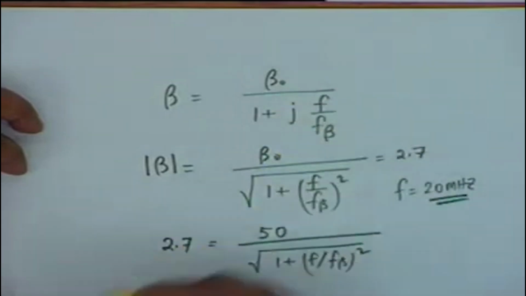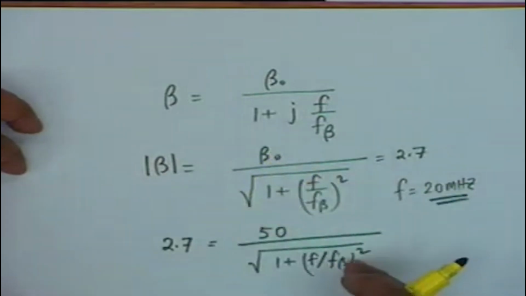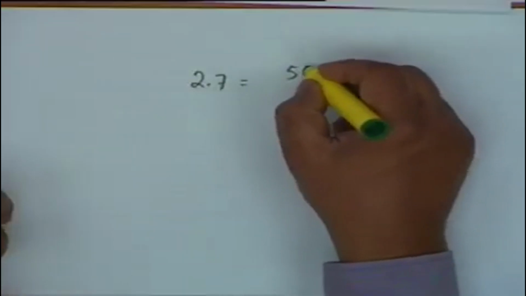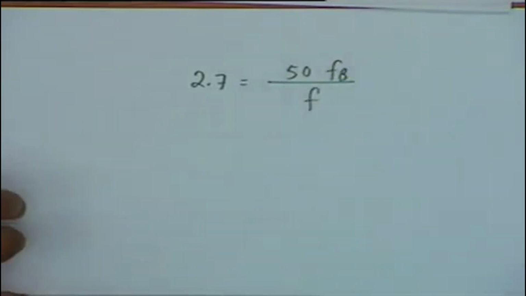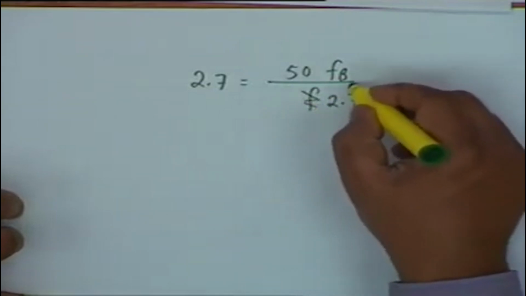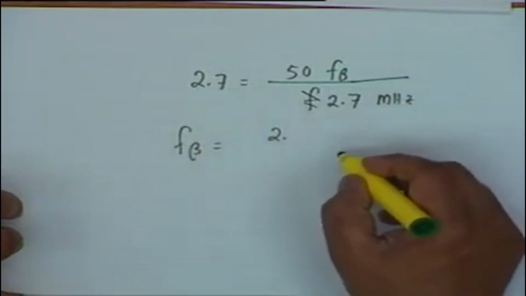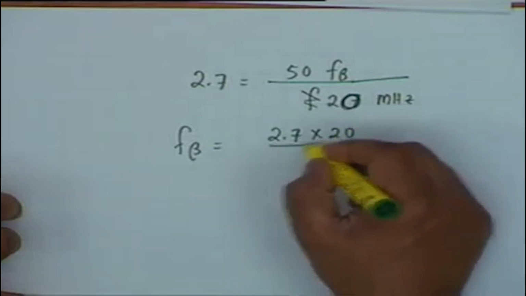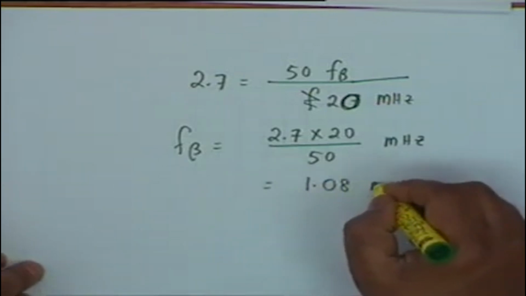From 50, beta has come down to 2.7, it is beyond f_beta, and therefore the (f by f_beta) whole squared term dominates the denominator expression, and therefore you can write 2.7 as equal to 50 divided by f by f_beta, and f is 20 megahertz, and therefore f_beta is equal to 2.7 multiplied by 20 divided by 50 megahertz, and this is equal to 1.08 megahertz.